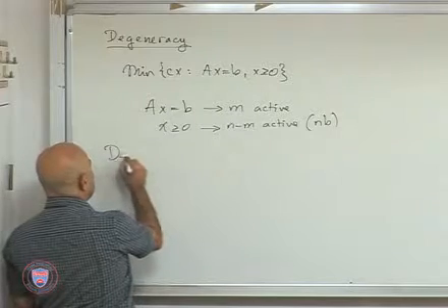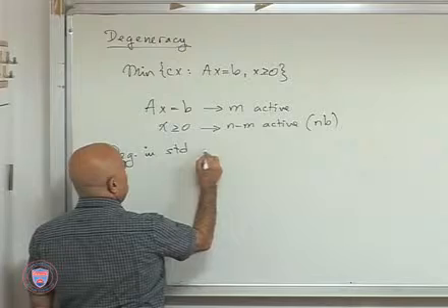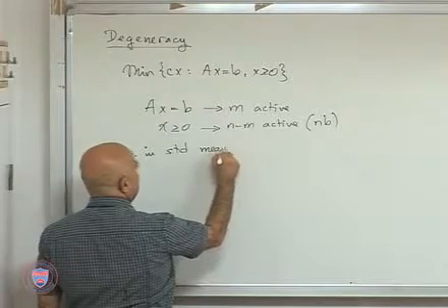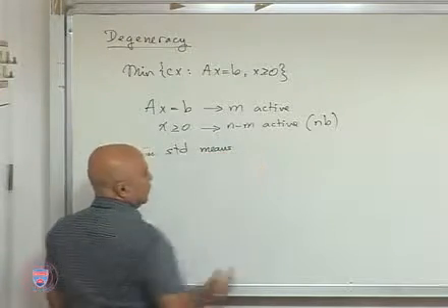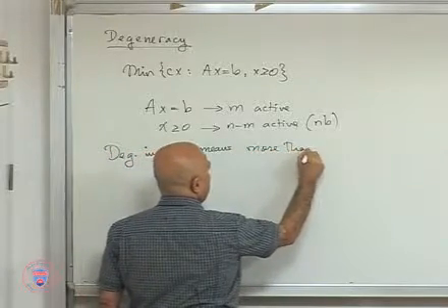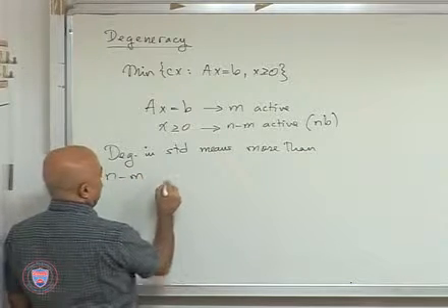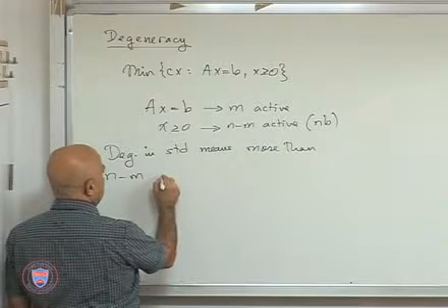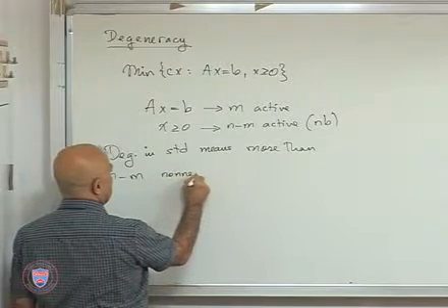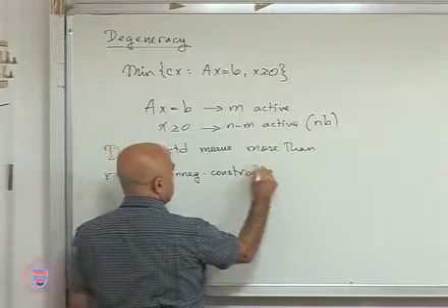So degeneracy in standard form means more than n minus m non-negativity constraints hold as equalities.